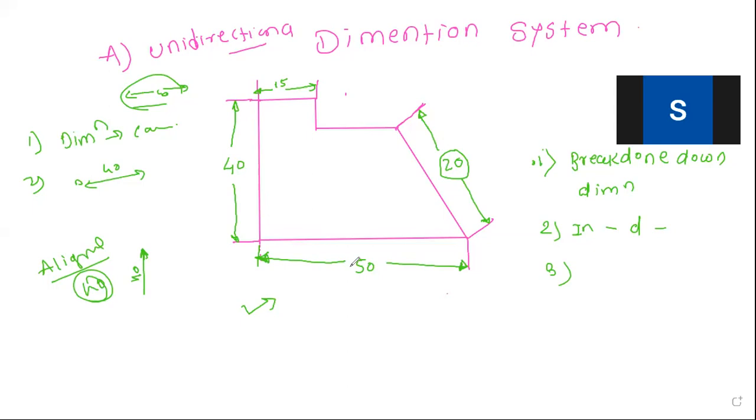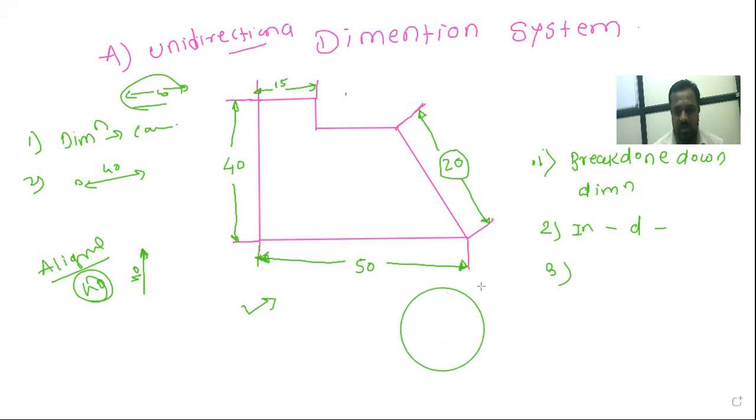For the circle also, for example, we have to give the dimension like this. Suppose this is the circle, and we have to show the diameter of that circle. We draw one inclined line at 45 degrees, then give the arrow like this, then extend this line, and here we give 520 like this.